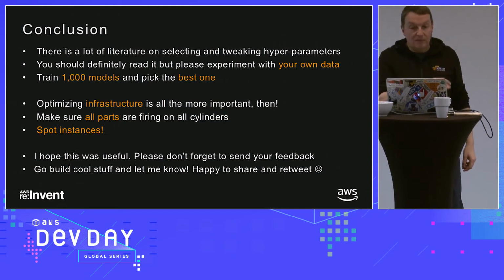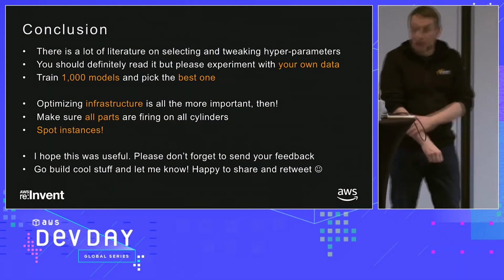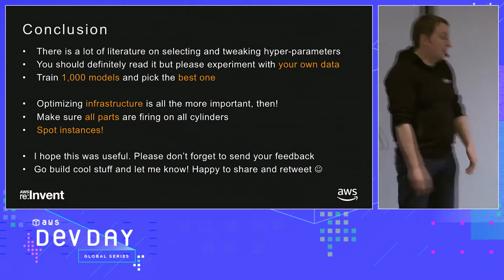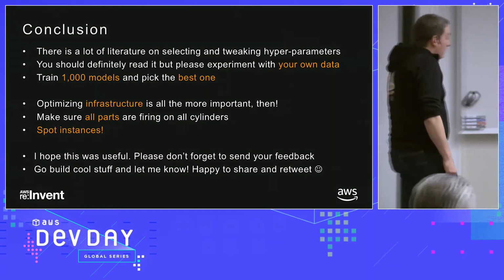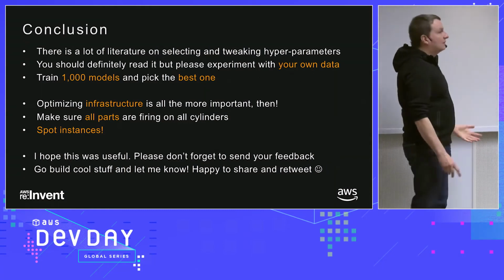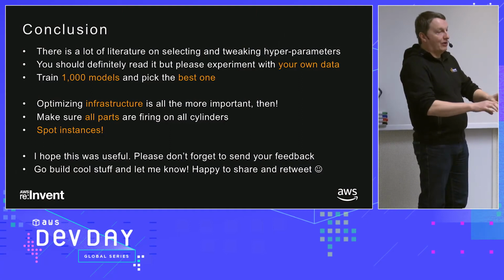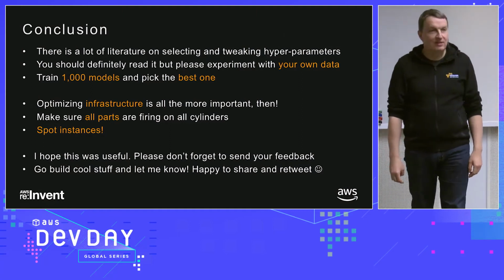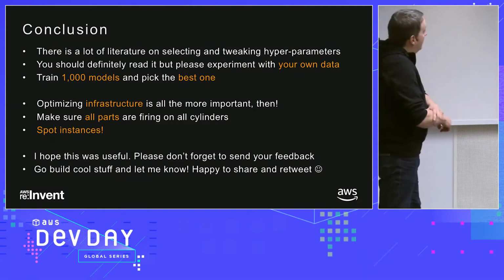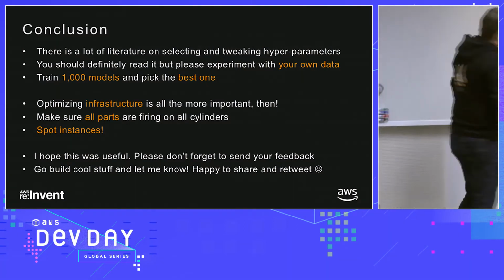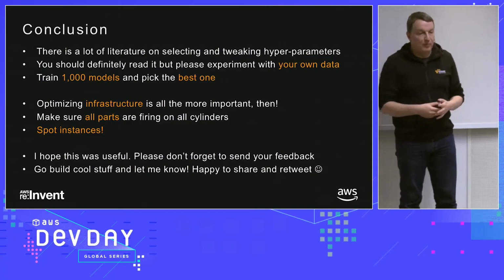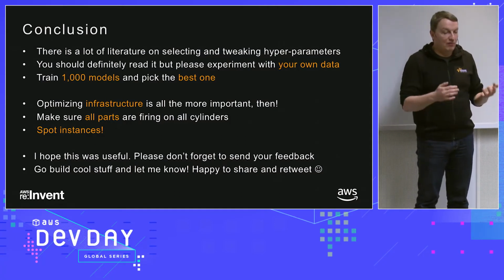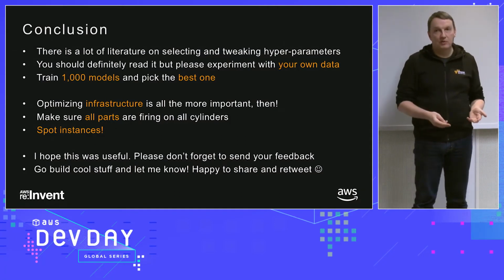So, as a conclusion, there's a lot of literature on that stuff. Just Google, what learning rate should I pick, right? And well, you get weeks of reading. So good, read some stuff, but the truth will come out of your own experiments.